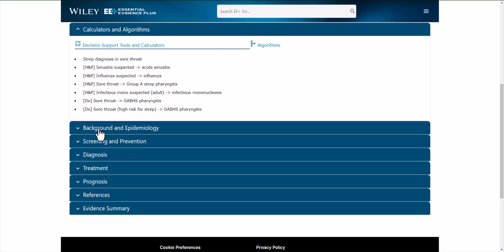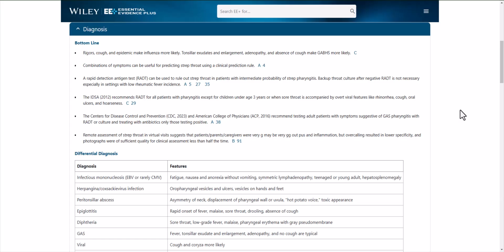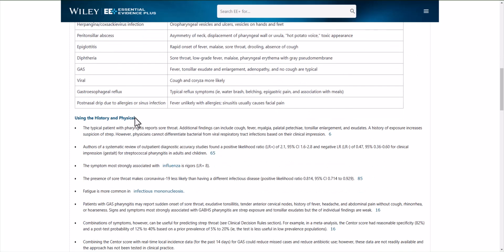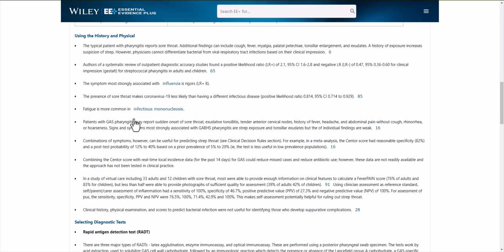Beyond the calculators, you're going to get a section on background and epidemiology, screening and prevention. One of the sections that's probably going to be very important to you in physical assessment is the diagnosis section. EEP does a very good job of presenting the overall diagnostic picture as the overall bottom line, but they usually also supply a nice table talking about the differential diagnosis and using the history and physical findings to narrow down your diagnosis.